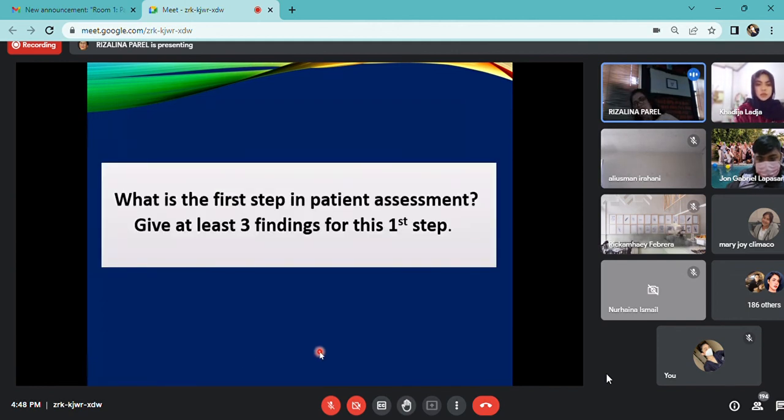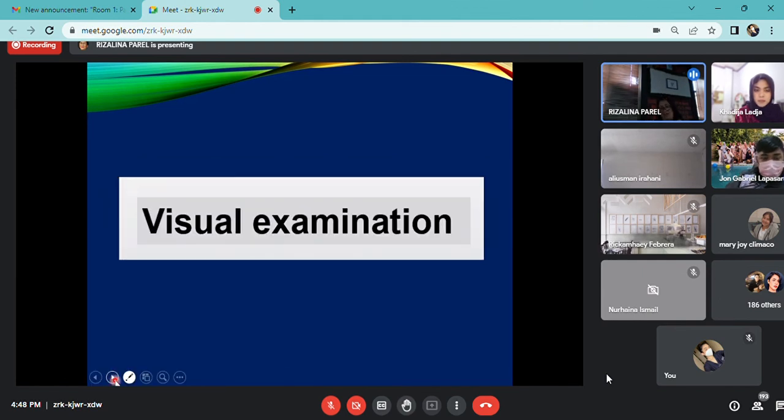Okay, correlation question. For the correlation question natin, what is the first step in patient assessment? And you give these 3 findings for this first step. So, ano nga ba yung first step natin? Okay, visual examination, di ba?